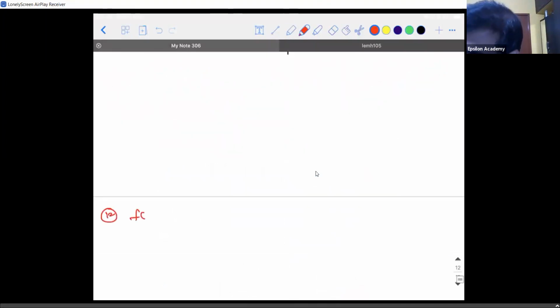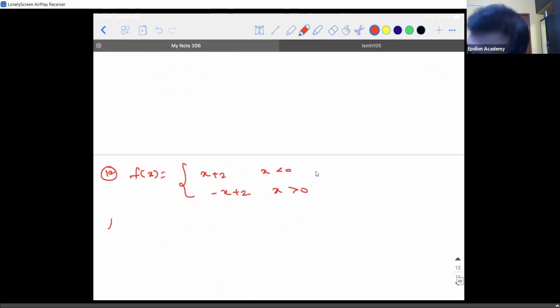This is important, no? f of x is equal to x plus 2 if x is less than 0, minus x plus 2 if x is greater than 0. Okay. So left limit, how are we supposed to do?